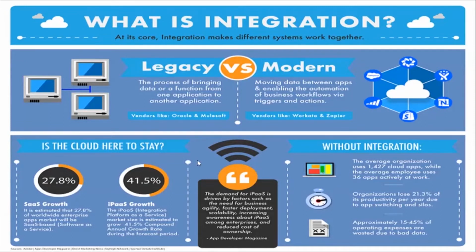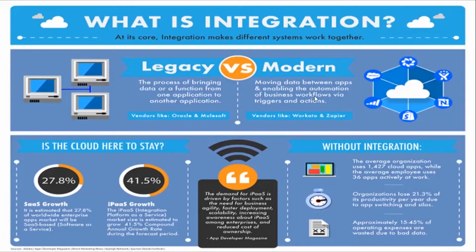If you see here on the right side, there is a modern way of looking at the integration layer. It talks about moving the data between applications and enabling the automation of workflows via triggers and actions.